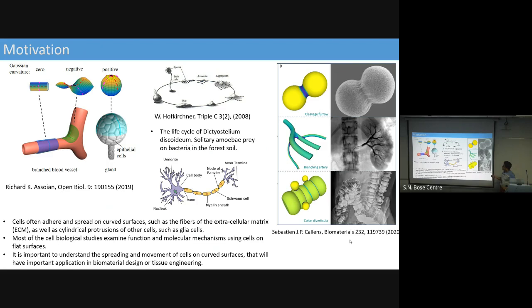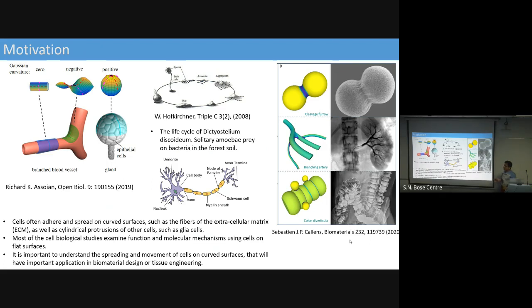For example, this Dictyostelium discoideum cell, it is kind of an amoeba cell that lives in soil, and soil in the microscopic range is highly complex geometrically. And throughout its lifetime, the cell has to deal with such a geometrically complex environment.